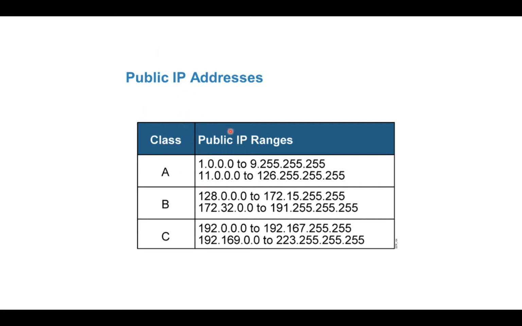So, class A public IP addresses, here is the range, these are class A, these class B, and these class C. As you can see here, for class C IP addresses, for example, 192.0.0.0 to 192.167.2.255, and here it should start with 192.168 after this, but it is separated for the local IP addresses you saw in the previous slides, and here also it's separated from local IP addresses into public IP address ranges.